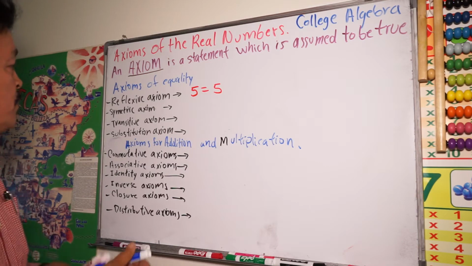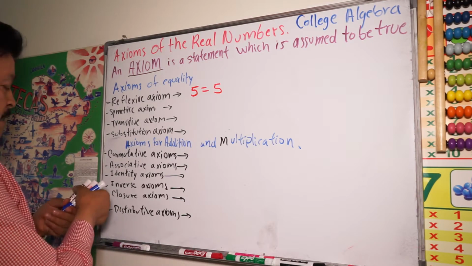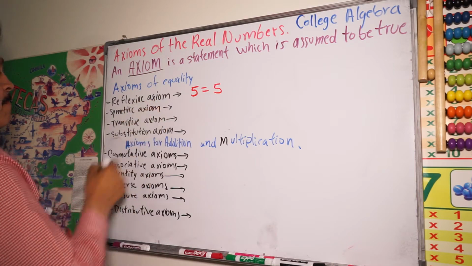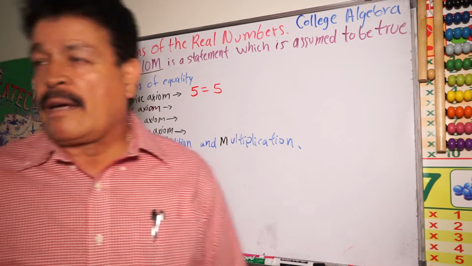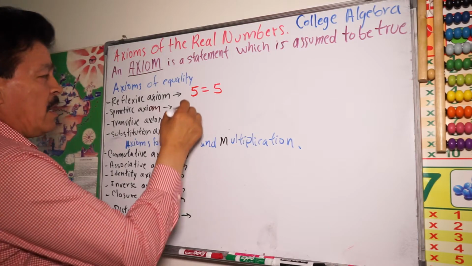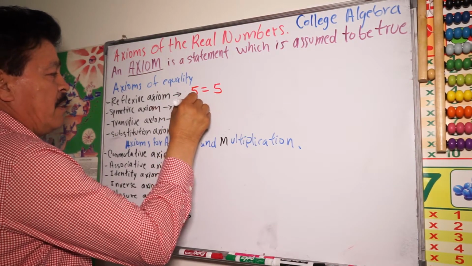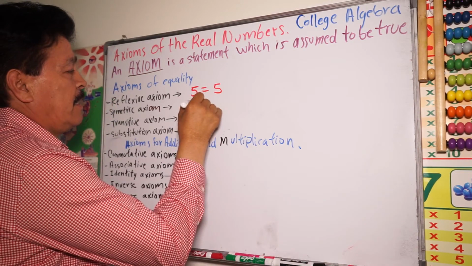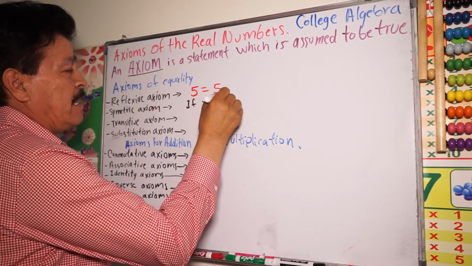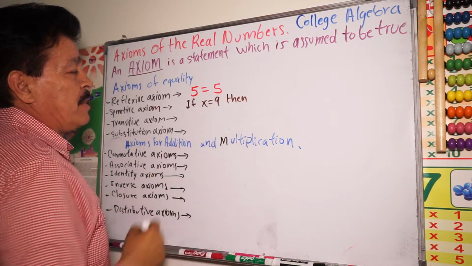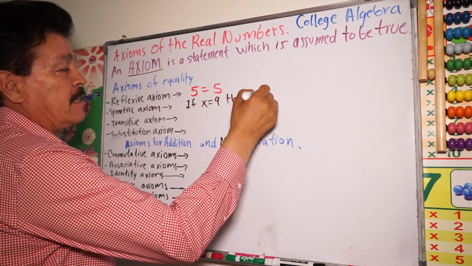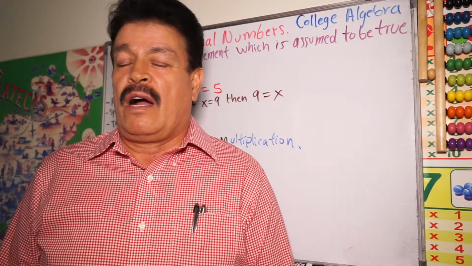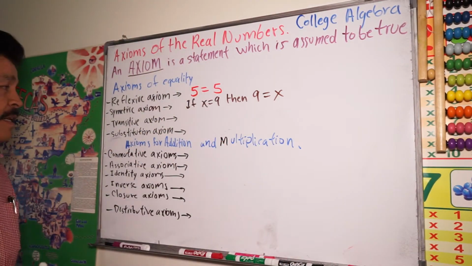The symmetric axiom is about, for example, if you have x equals 9, then 9 equals x, right?